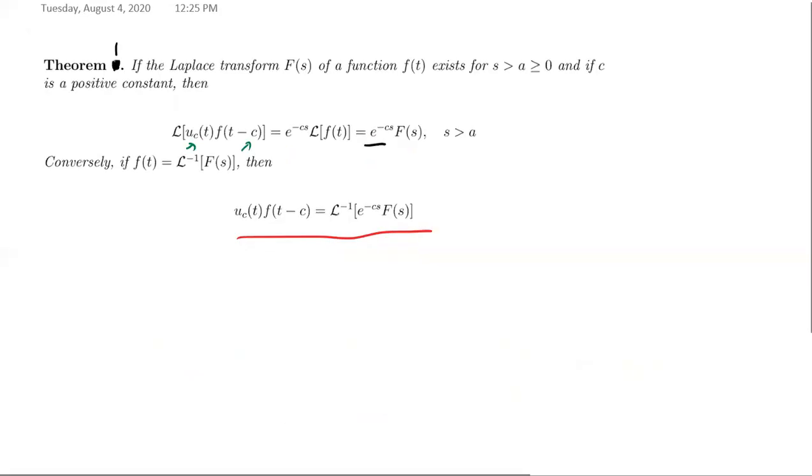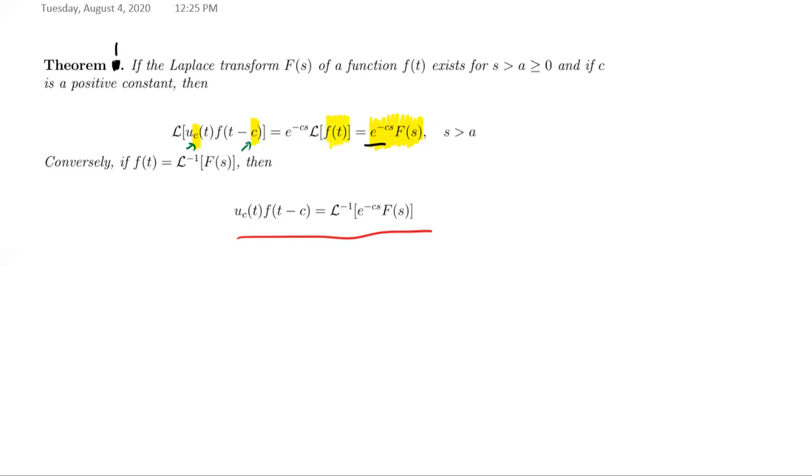And then we saw that we had this really nice theorem of how to compute the Laplace transform of a step function times a shifted function in which the shift, again, matches the c in which we start the function. What we saw is that we get this really nice computation, meaning that we can just take this e to the negative cs on the outside and compute the Laplace transform of the unshifted version of what's inside the piecewise function.